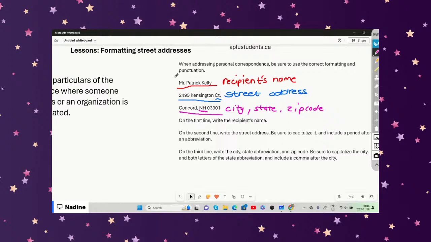And then on the third line, we write the city, comma, the state abbreviated, and then we also write the zip code.